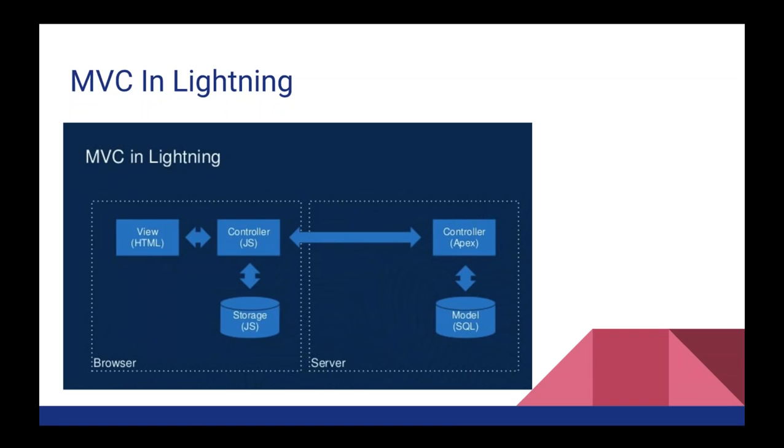But if the data needs to be fetched from the server, then you can write an Aura-enabled Apex layer on top of it, and then you can get back that data from Apex, and then you store it inside an attribute. We'll speak about what an attribute is and the basics of it. And the model can be your database or your Apex SOQL, and your objects or the schema that you have.